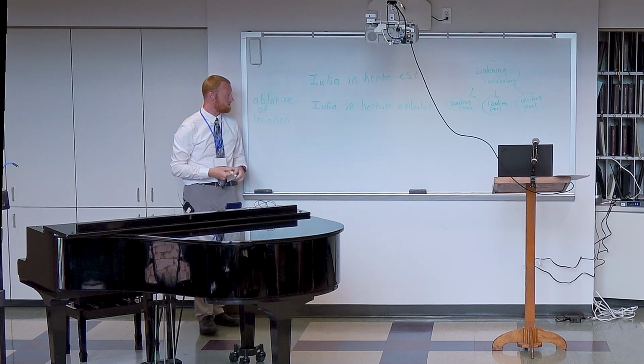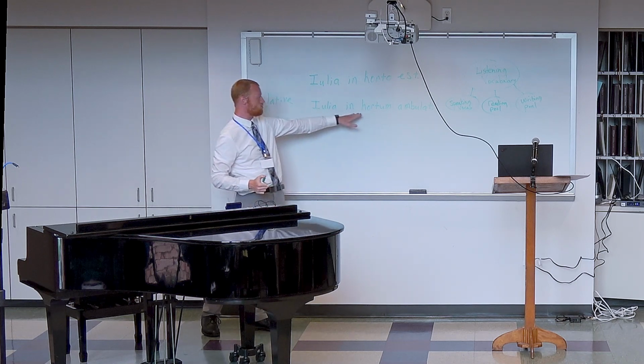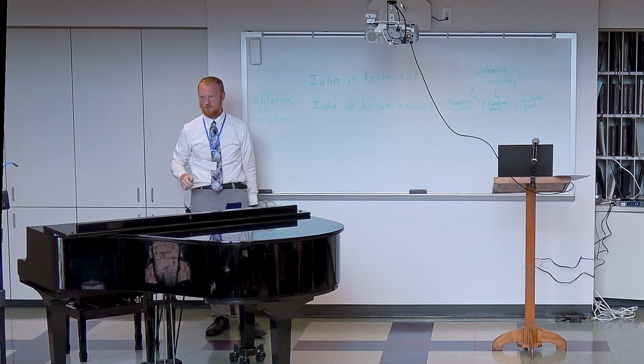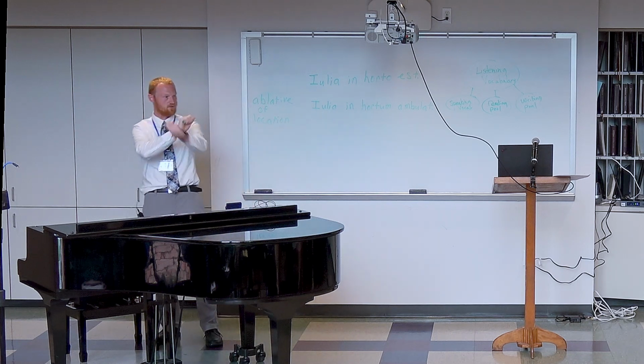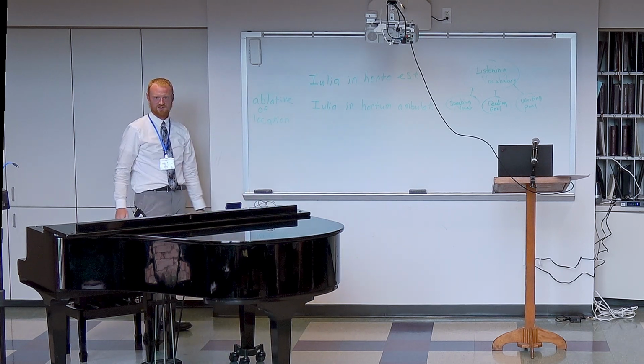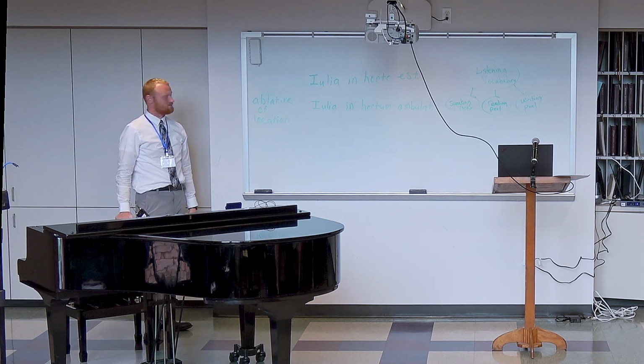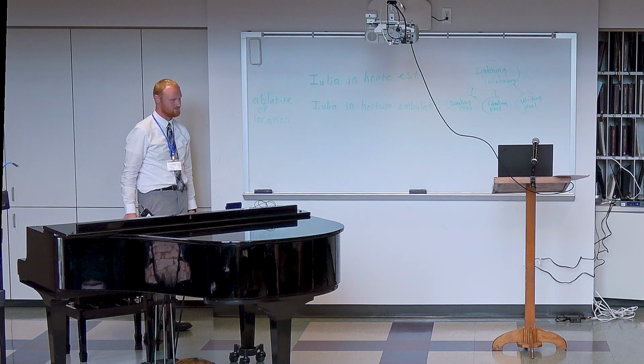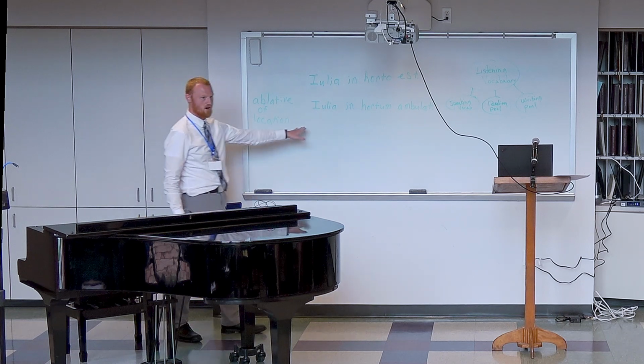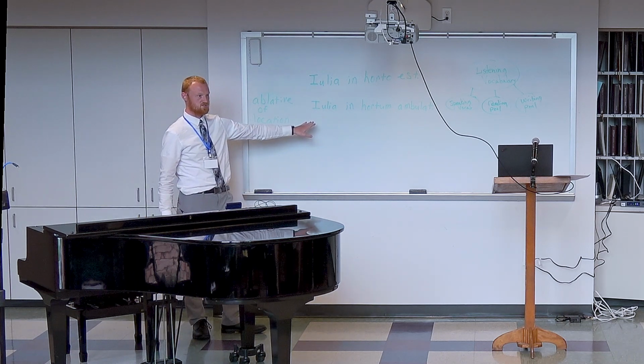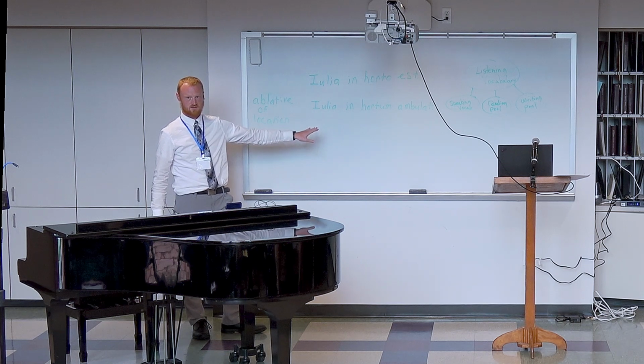All right, here it says, Iulia in hortum ambulat. Please copy that down on your whiteboard. Feel free, there are double-sided whiteboards, so feel free to use the other side. All right, and this I would call accusativus motionis.